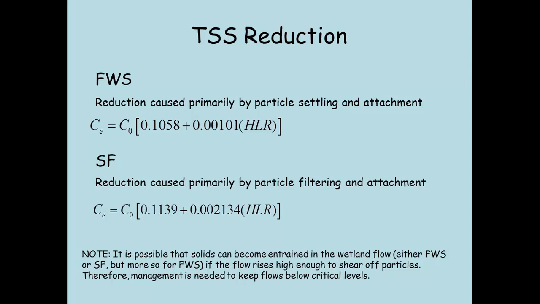For TSS reduction, there are two empirical formulas for calculating that for free water surface wetland and for subsurface wetland. If we know what the surface area of the wetland is, we can calculate the hydraulic loading rate by dividing the discharge into the wetland by the surface area of the wetland.